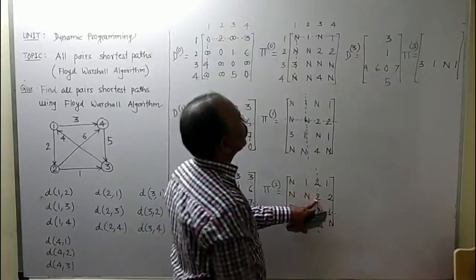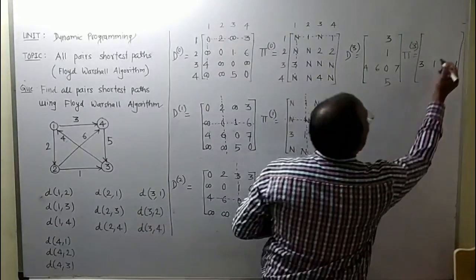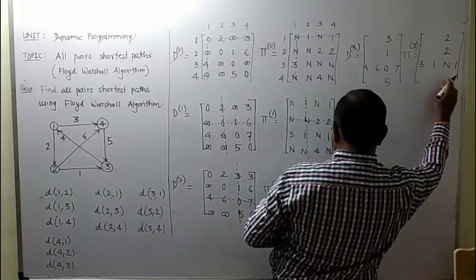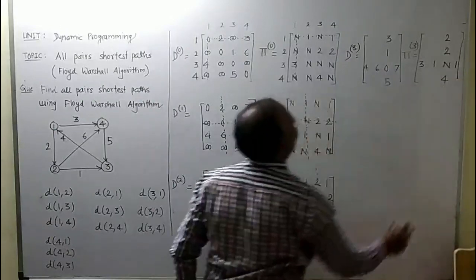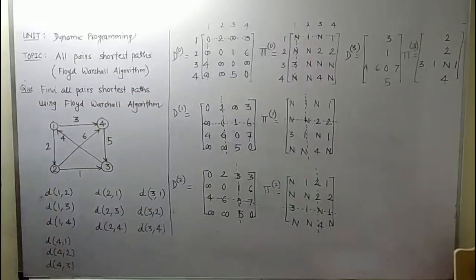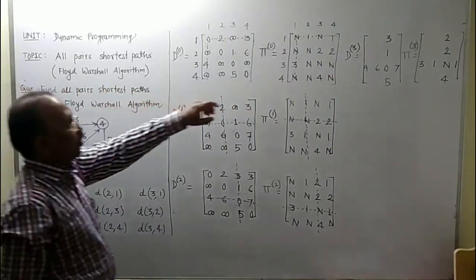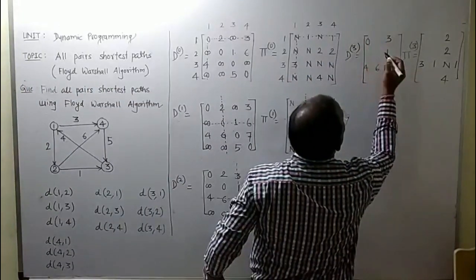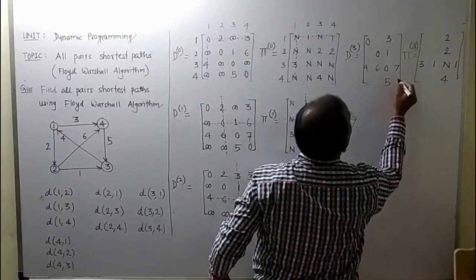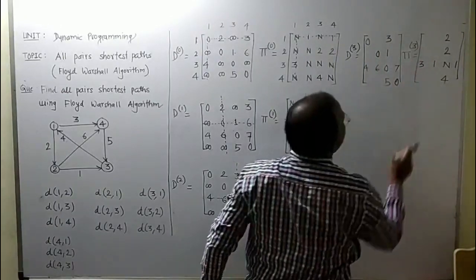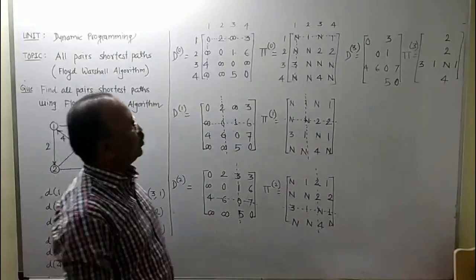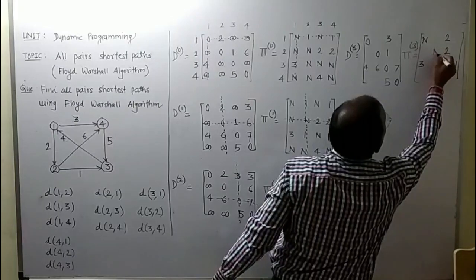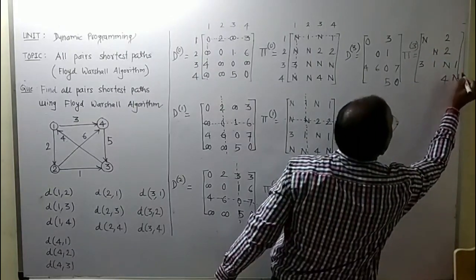Now then 2, 2, n and 4. Okay. Now the diagonal elements will not change. So write 0, 0, 0 and 0. Similarly in pi 3, diagonal elements will not change. Write n, here n, here n.